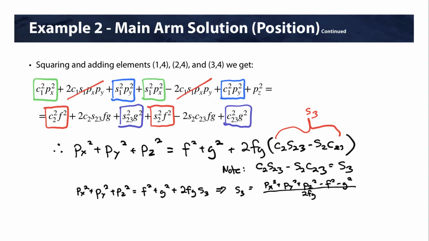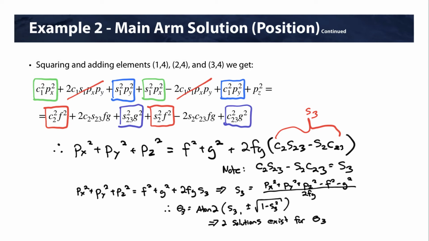Then we know that theta 3 is just going to be the atan2 of s3, plus or minus the square root of 1 minus s3 squared, where we're just using the cosine squared plus sine squared equals 1 property to find c3. You also notice because of the plus or minus, we have 2 solutions. So 2 solutions exist for theta 3.